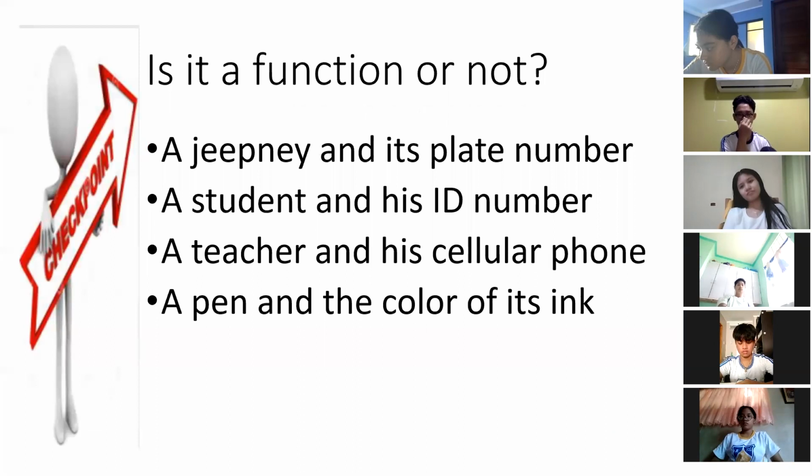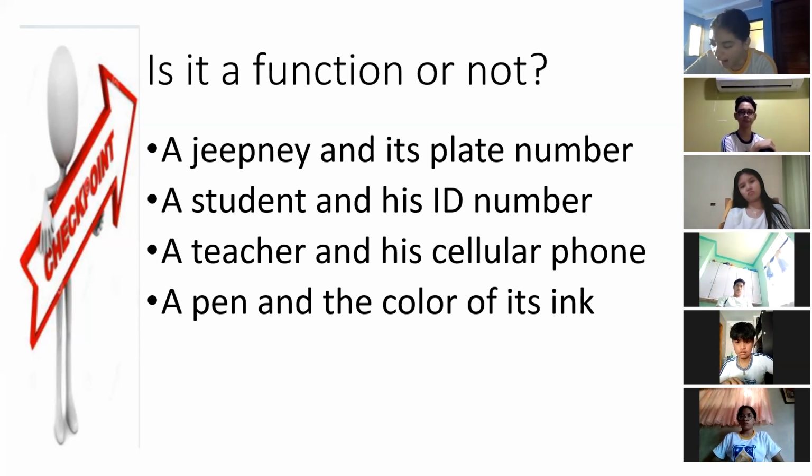So we have a jeepney and its plate number. Each should have a unique plate number, making the first example a function. A student and his ID number. No student will generate the same ID number, and no single student will have two different ID numbers, except, of course, if that student transfers to another school.